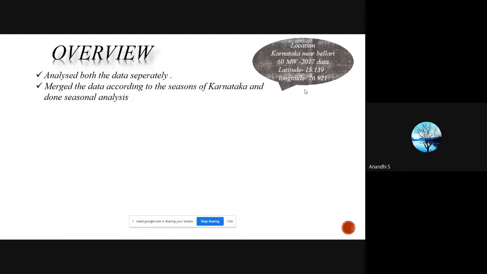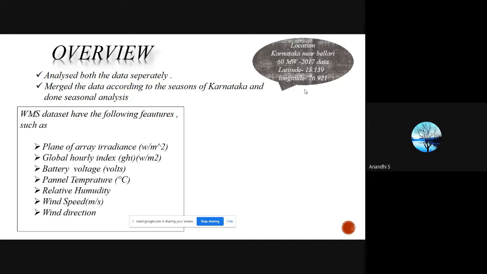I have got two data sets. One is a weather monitoring system data set, and another is the gross generation data set. I merged the data according to the seasons of Karnataka and then did seasonal analysis. This is the WMS dataset, the weather monitoring system dataset.